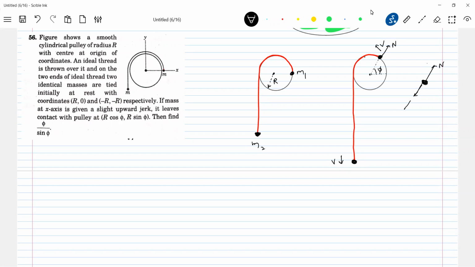This is N. Tension will act. Velocity. And this is phi. So here mg sin phi will be acting. Mg cos phi will act tangentially.